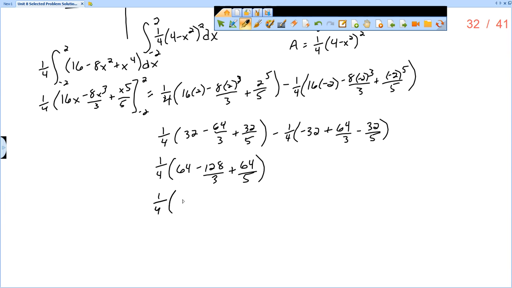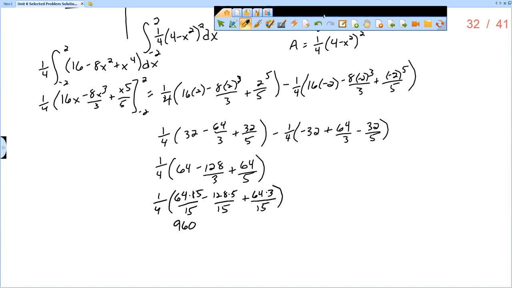Now I need a common denominator: 64 times 15 over 15 minus 128 times 5 over 15 plus 64 times 3 over 15. Now 64 times 15, I know this can be annoying, is 960.